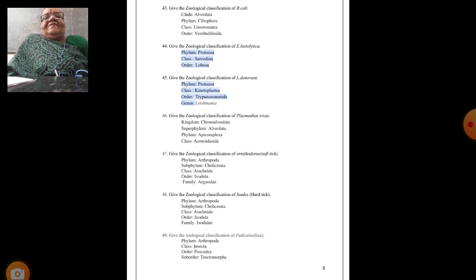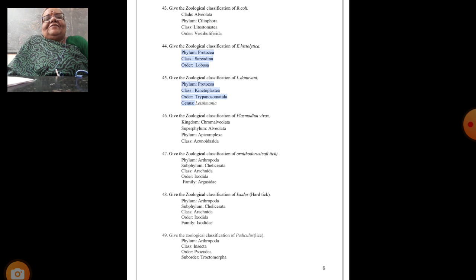This method of naming an organism scientifically is known as binomial nomenclature. We have what is known as ICZN, International Code of Zoological Nomenclature, and for plants, same way ICBN. As per the rules laid down by ICZN, we have named all animals. Okay, each animal is given a scientific name with one generic name and the other specific name.